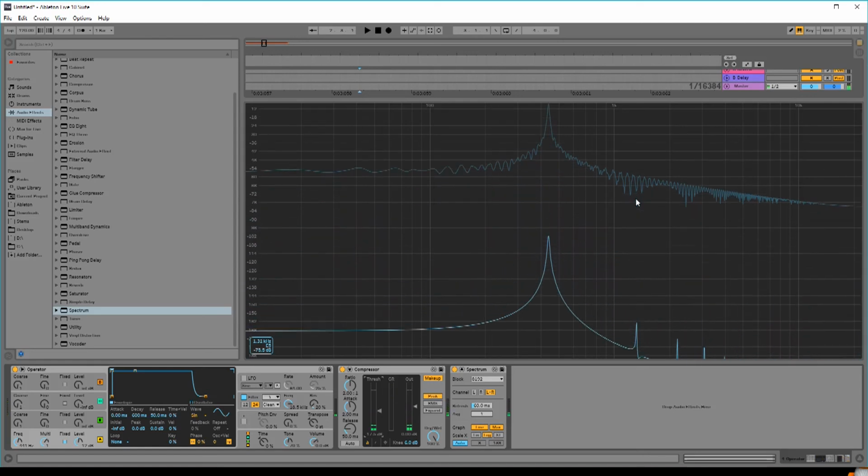Compression is applied to reduce overly dynamic musical performances, unevenness, or to make drums punchier, or to increase the overall volume of a track. But we can see that it's introducing harmonic content that was not part of the original signal.